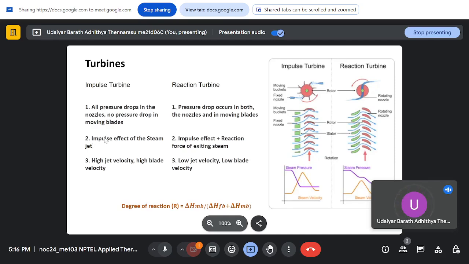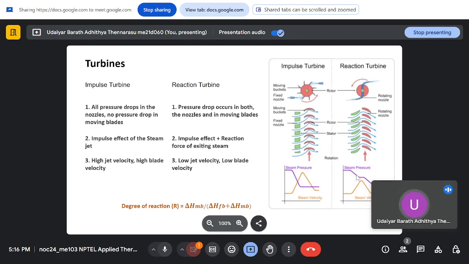So the impulse effect of the steam jet is what drives the impulse turbine, and impulse effect plus the reaction force is what drives the reaction turbine. This is how the velocity and pressure diagram looks. Initially the steam is at higher pressure. Across the nozzle the pressure decreases, which gives you a rise in velocity, and then after hitting and moving the blade, the velocity drops.